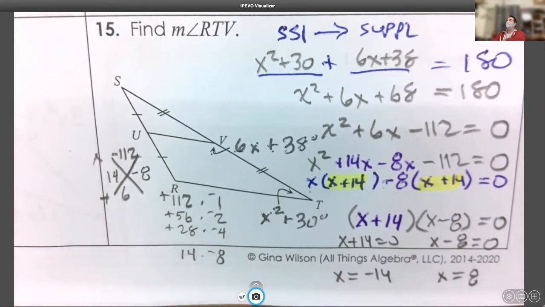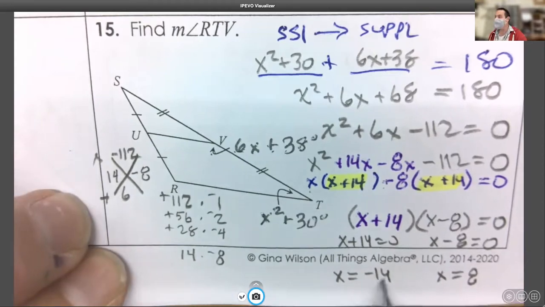So it looks like I've got two solutions. However, that's the algebra. We're not in algebra, we're in geometry. Would both of these solutions work for this problem? No. Why not? Because it's two different solutions.